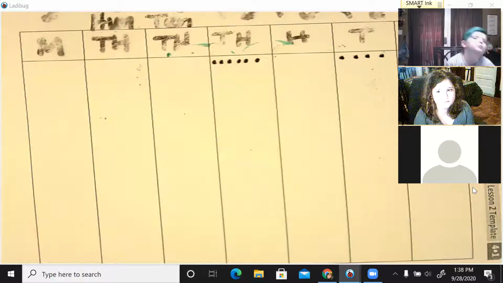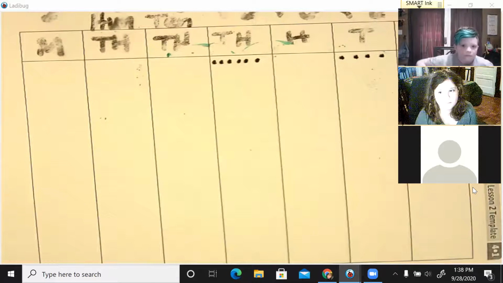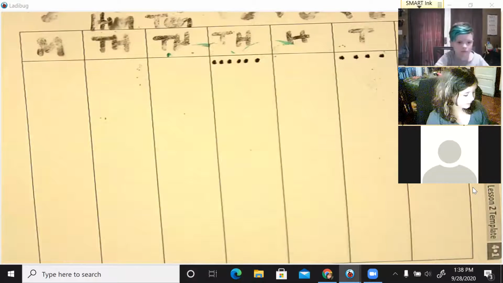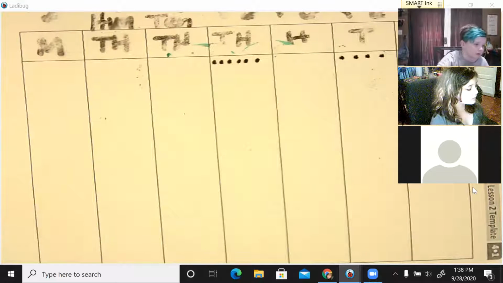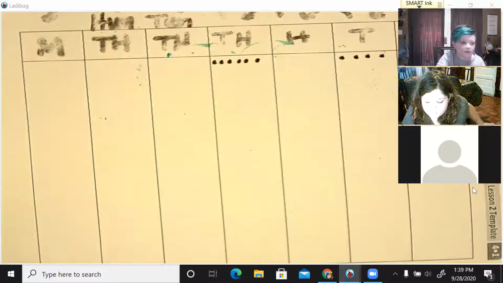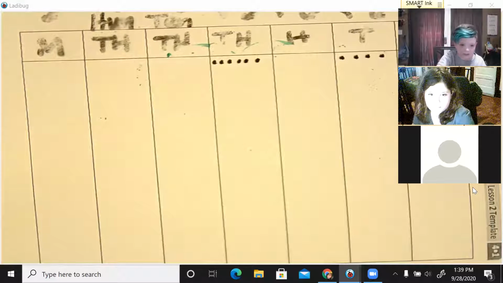Okay, who remembers? What do I need to do first when I'm dividing? To think backwards, doing the opposite of multiplication. Peyton, what do I have to do? Make sure that each number falls back a column. Say that one more time, honey. Make sure that all the numbers that are on the screen right now fall back a column each.